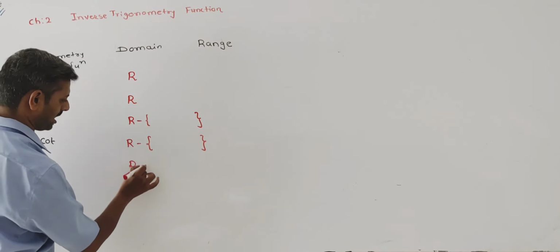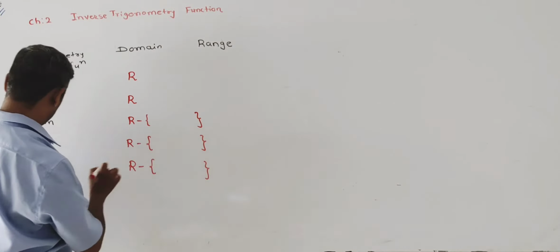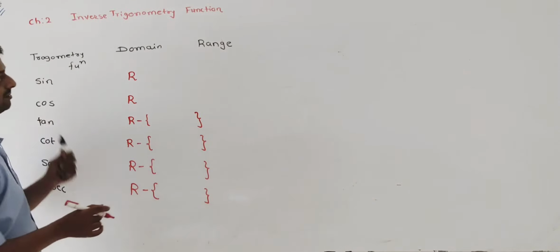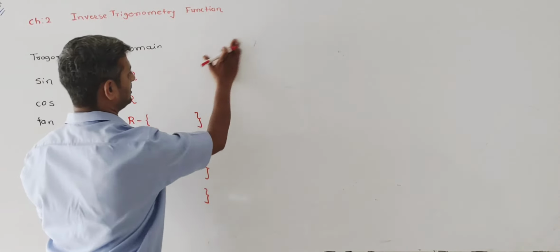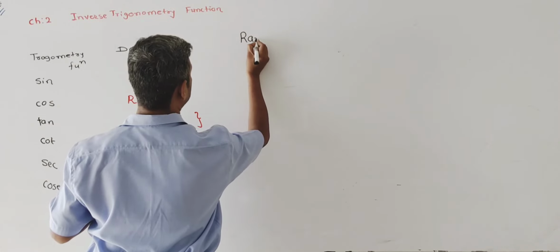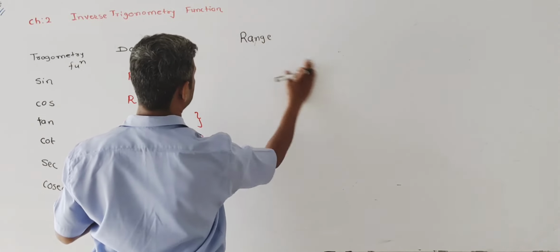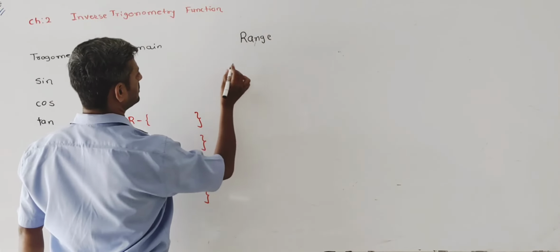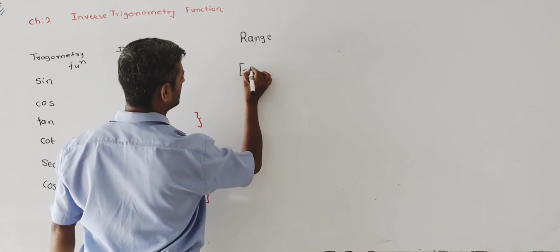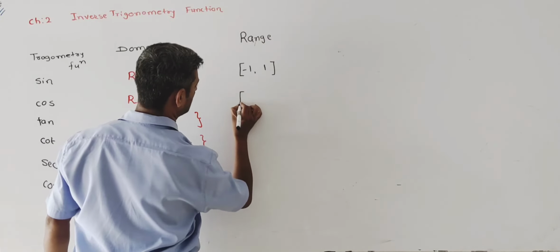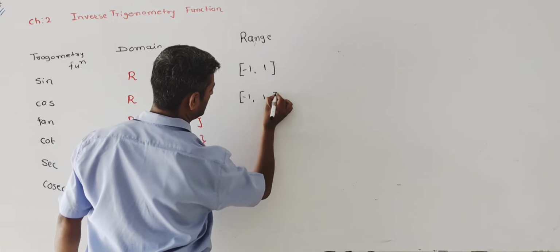Sec is also R minus something. And cosec, R minus something. Now what is range? Range means which maximum value you will get, which minimum value you will get, and which area of values you are going to get. Sine range is -1 to 1. Cos range is also -1 to 1.